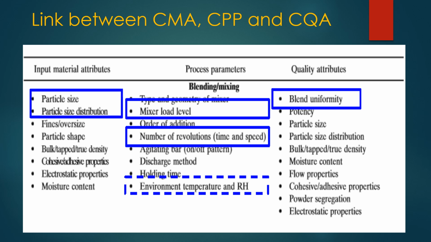Particle size and particle size distribution are potential high-risk input material attributes. Mixer load level and number of revolutions are potential high-risk critical process parameters, and operation room temperature and relative humidity are external elements which may impact the CQA.